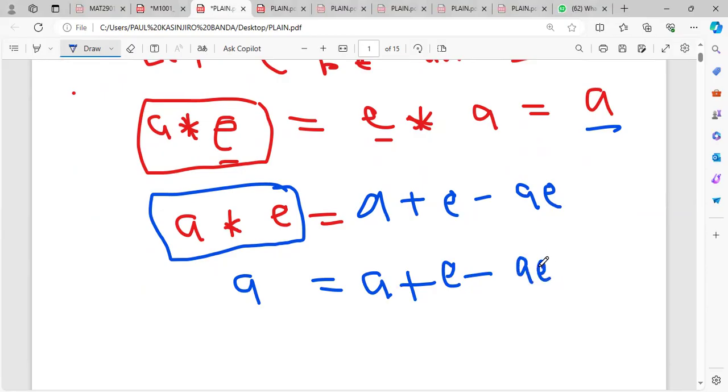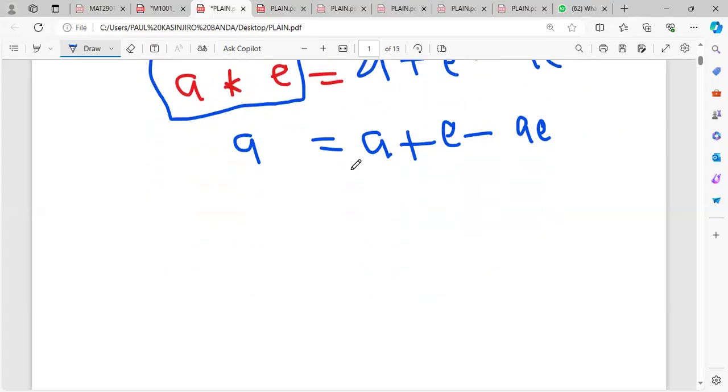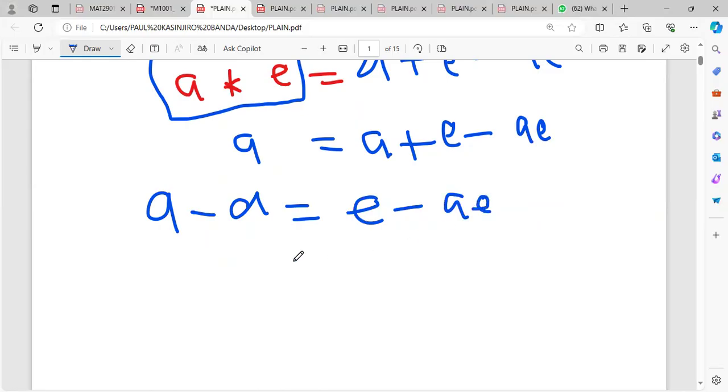So what do we get from there? We put the E's together and the A's together. We're going to have a situation where we have A minus A is equal to E minus AE, like that, right?